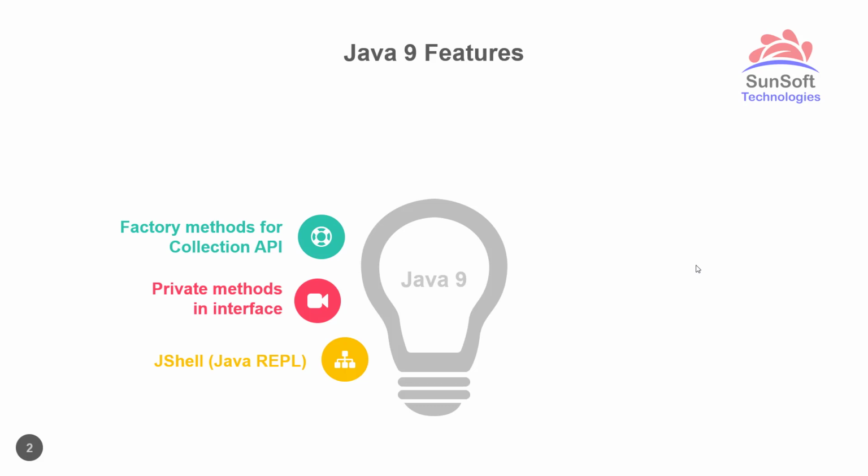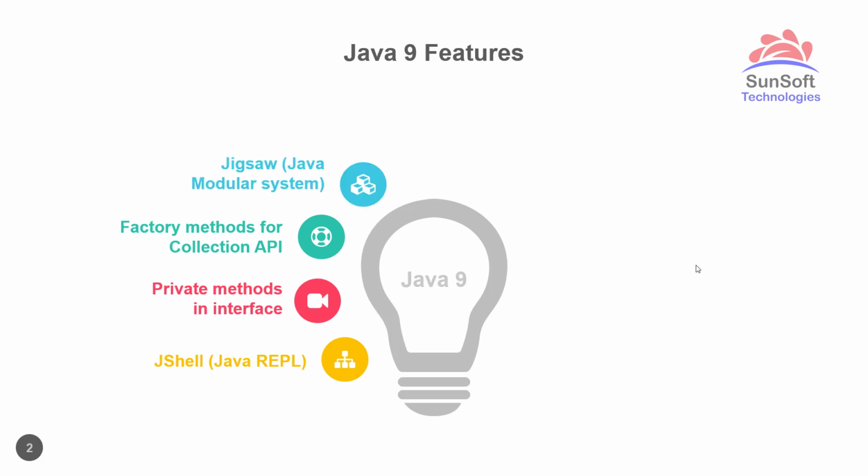Many more factory methods have been added for collection programming, which help you directly instantiate an object without calling the constructors, and which include mutable and immutable collection objects.